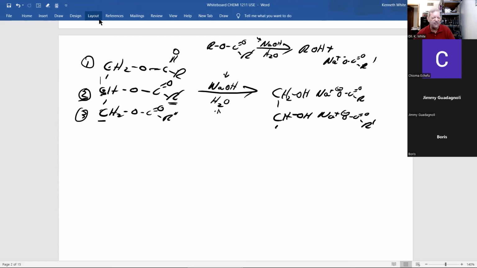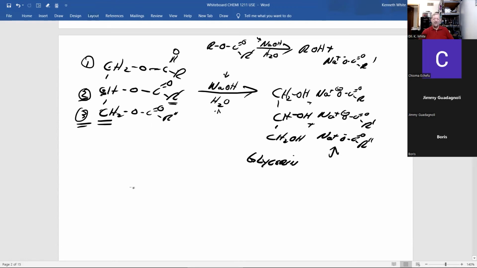And finally, the third ester, I'll get this alcohol plus this carboxylate anion. And depending what fat or oil you start with, what's our prime and our double prime. So once again, you get glycerin, but you get the carboxylate anions of the carboxylic acid you would have used to make that ester, in this case, the fat or oil.